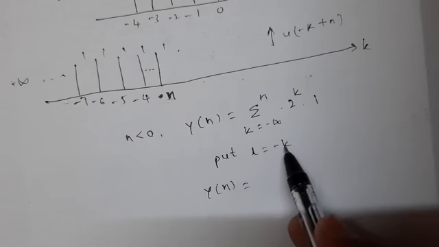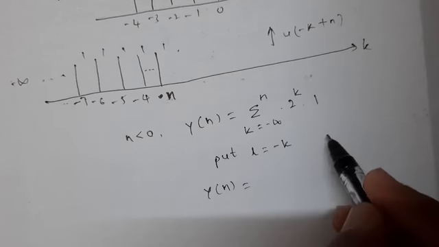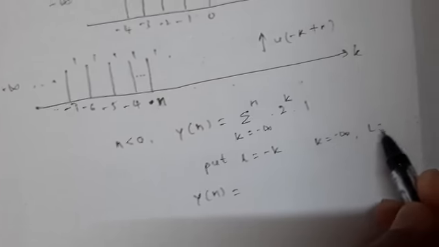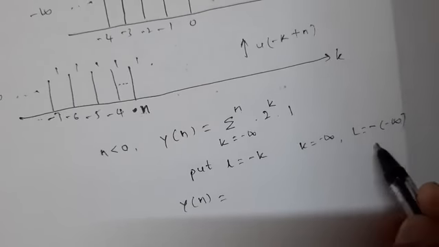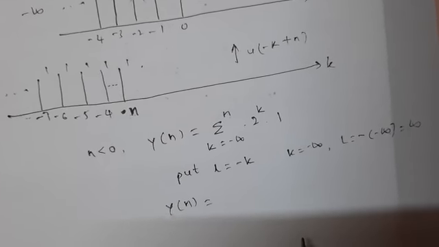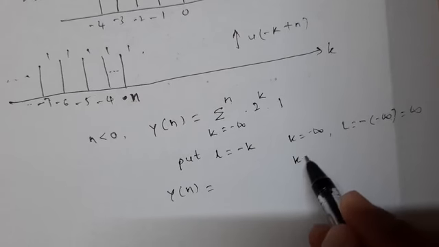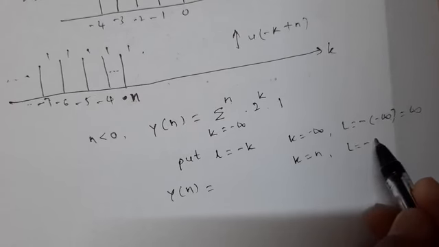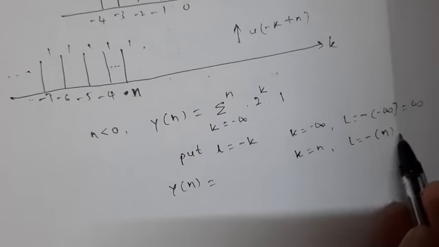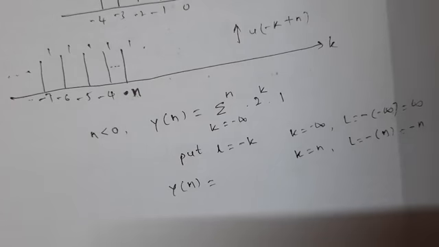So if k equal to minus infinity, it means L equal to minus of minus infinity, which becomes plus infinity. Similarly, k equal to n means L equal to minus n.